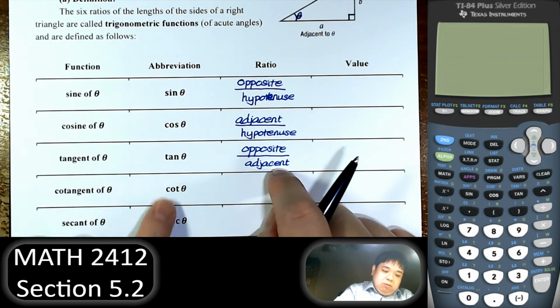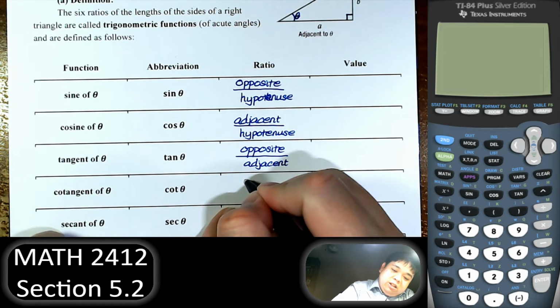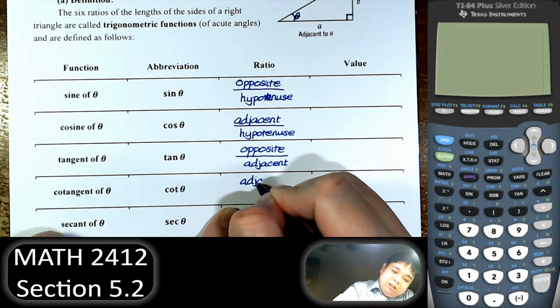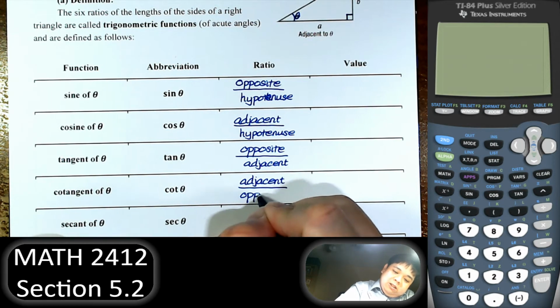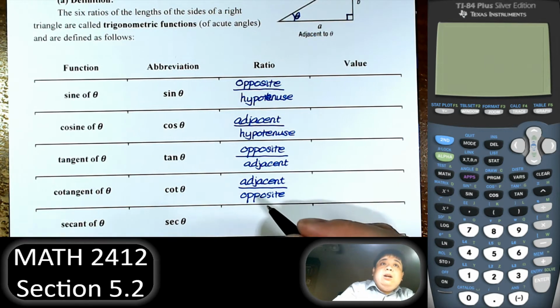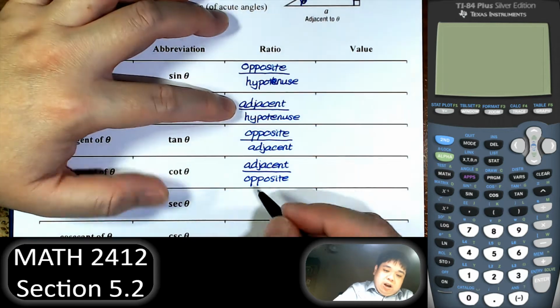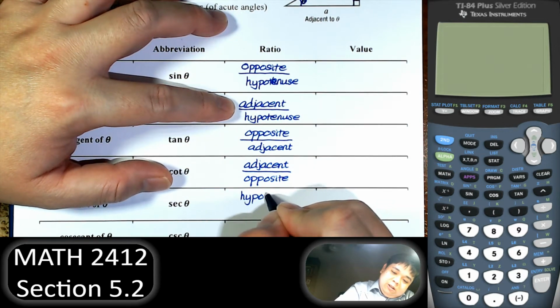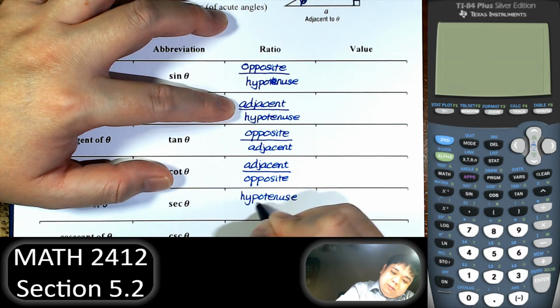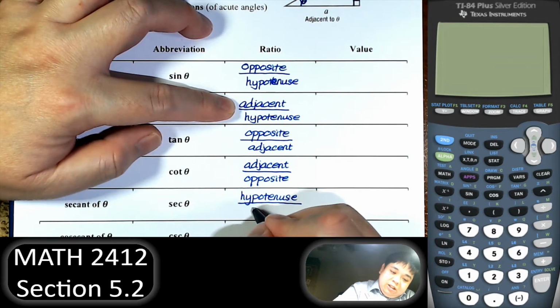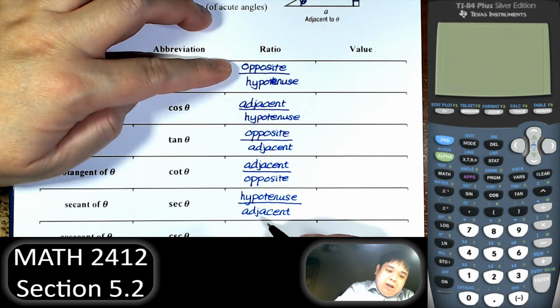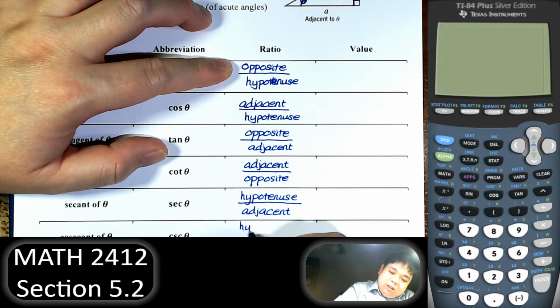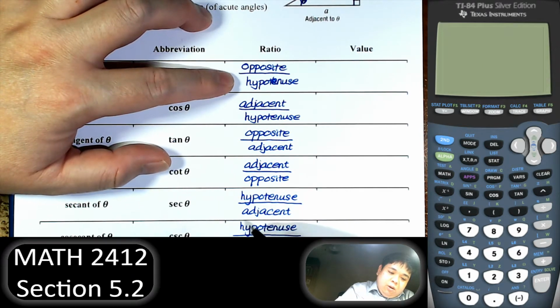Cotangent will be the reciprocal of tangent, so adjacent over opposite. And secant is the reciprocal of cosine, so hypotenuse over adjacent. And cosecant, hypotenuse over opposite.